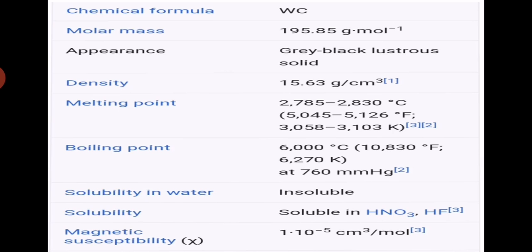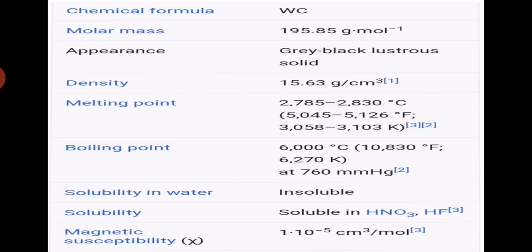That is a very huge temperature. In Fahrenheit, that is 10,830 degrees Fahrenheit. When converted to the Kelvin scale, the boiling point of tungsten carbide is 6270 Kelvin at 760 millimeter of mercury.